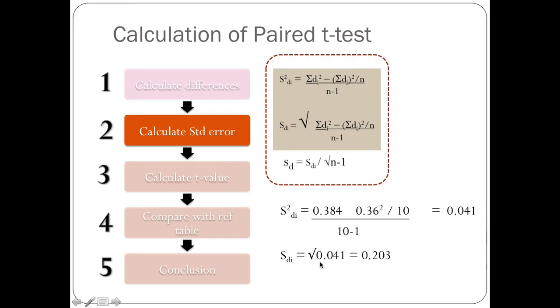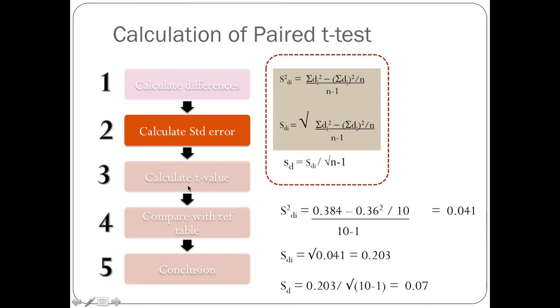The square root of 0.041 gives you 0.203. Therefore, the standard error is 0.203 divided by the square root of 10 minus 1, and the standard error is 0.07. It's quite easy, right?